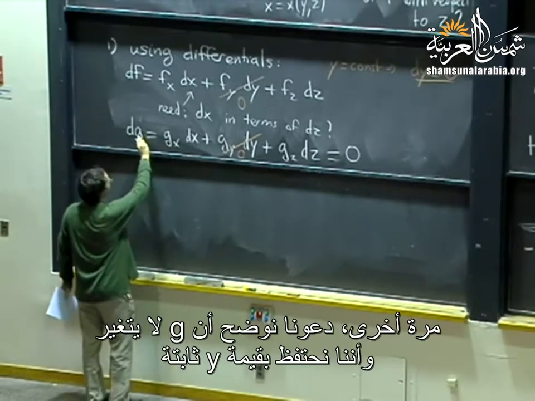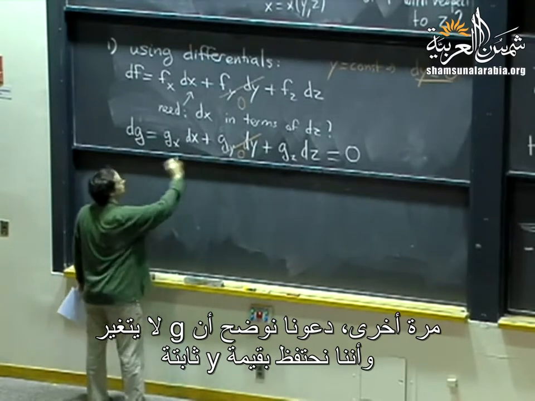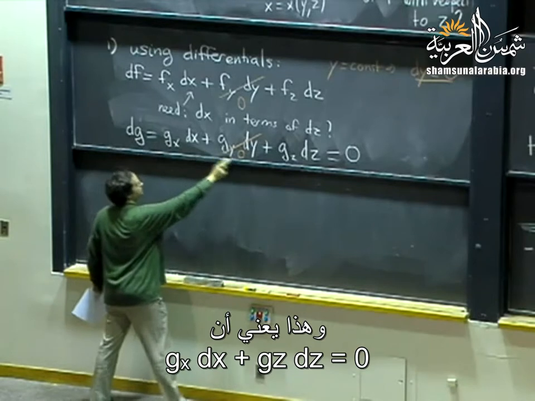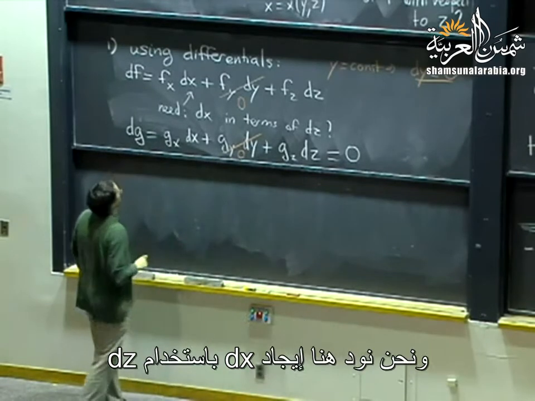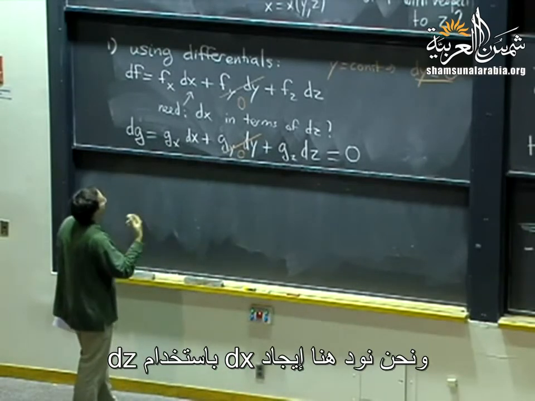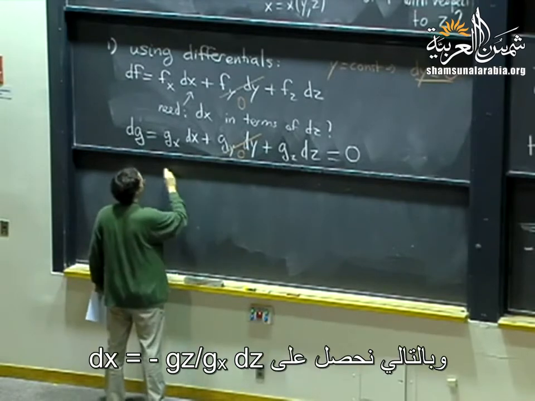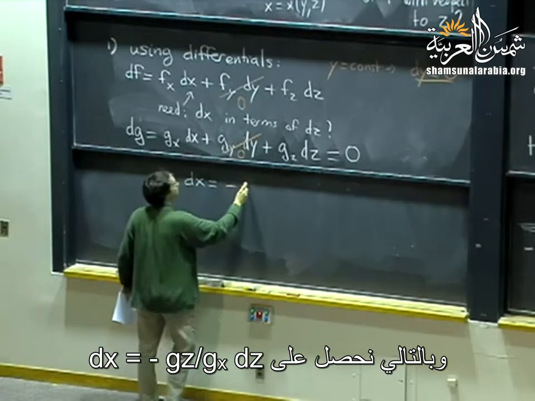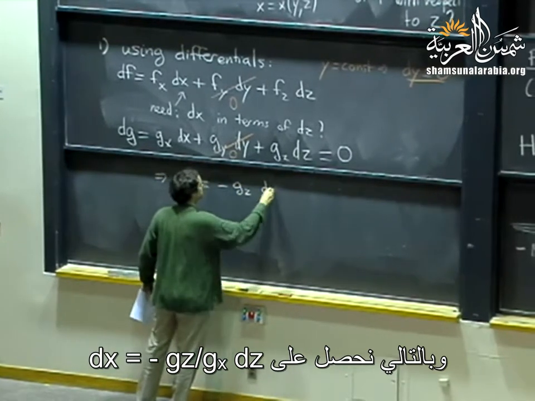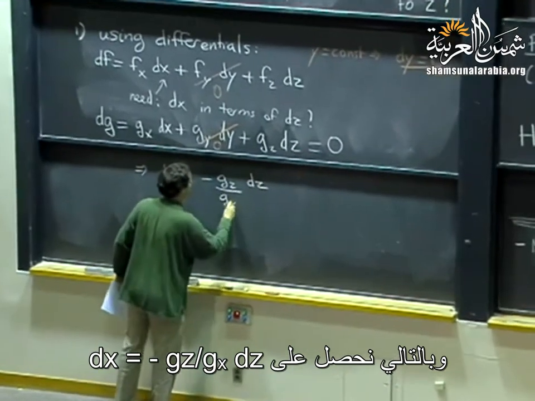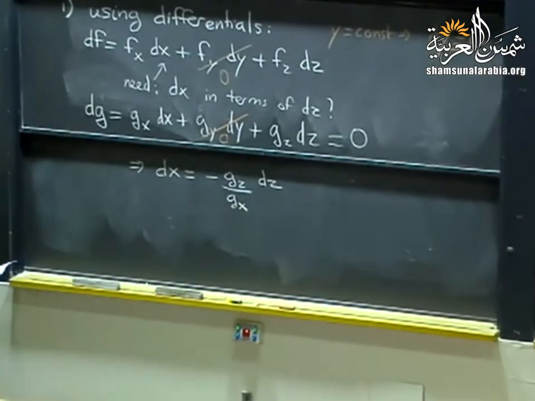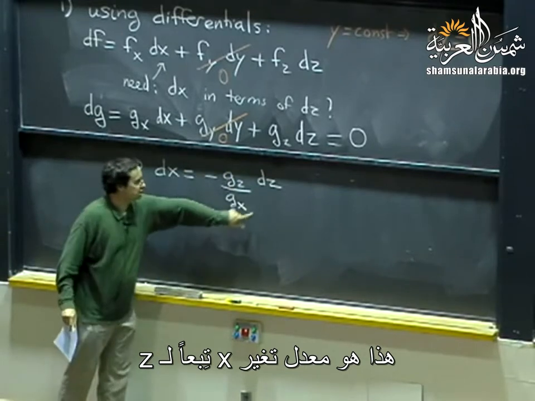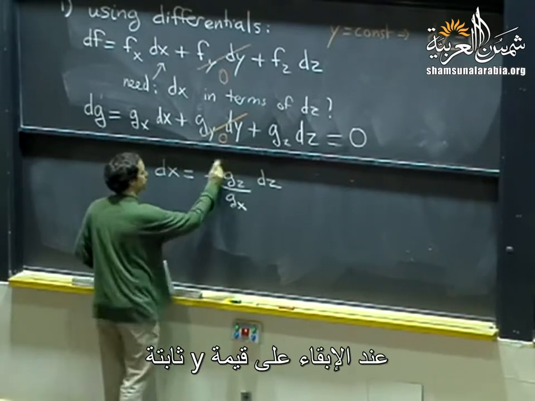So again, saying that g cannot change and keeping y constant tells us g_x dx plus g_z dz is 0, and we'd like to solve for dx in terms of dz. That tells us dx should be minus g_z dz divided by g_x. Okay, so if you want, this is the rate of change of x with respect to z when we keep y constant.